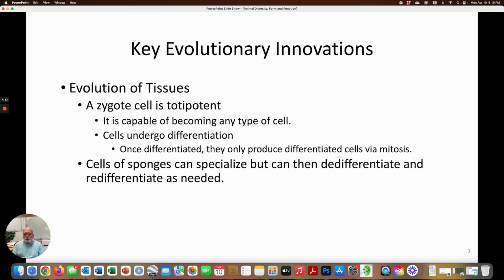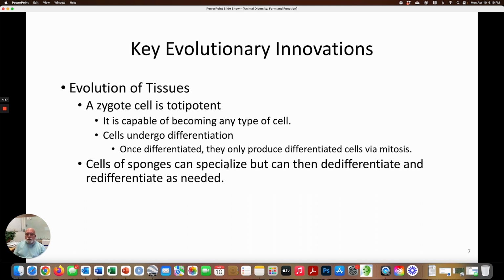And so you have these stem cells that could become anything. There comes a point in development when those stem cells can now only become muscle cells, or other cells can now only become nerve cells. And once differentiated, they only produce new differentiated cells via mitosis. You can't have a muscle cell that then is capable of producing a nerve cell.